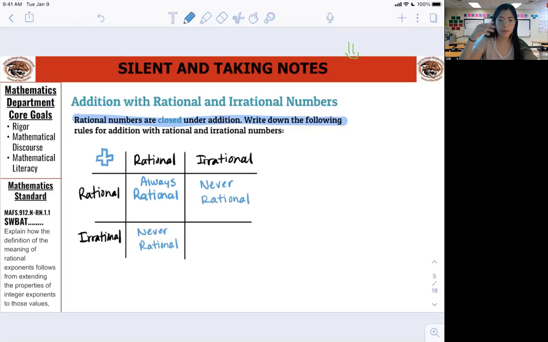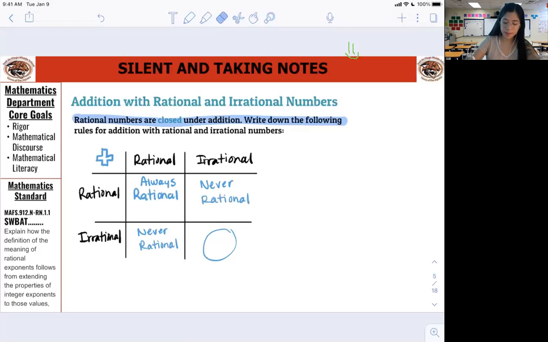But what happens when you have irrational and irrational? Right here. What did we determine? Most of the time, it's going to be what? Irrational. But every so often you might end up with 0. That's my exception.